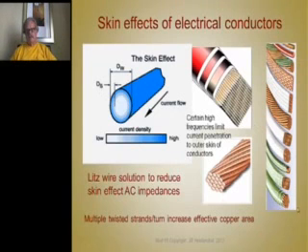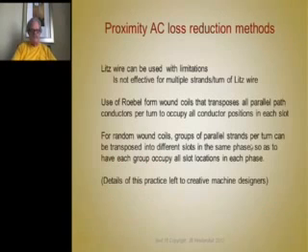Here's a bunch of strands, and the cross section of all these little strands has to equal the cross section of a single solid conductor you've designed it to. But the more strands you have, the closer the skin cross-sectional area for each strand added together equals the cross-section you need.